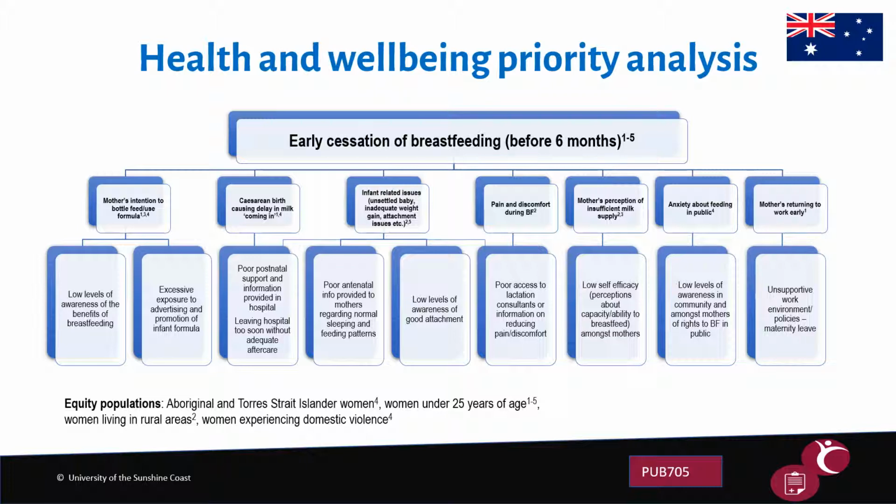That will require you to read your articles, and when I meet with you all this week, we will have a look at how to identify the determinants from your articles. And once you've done that, then you can put together a health issue analysis map, something like this, to present the determinants for your health issue.